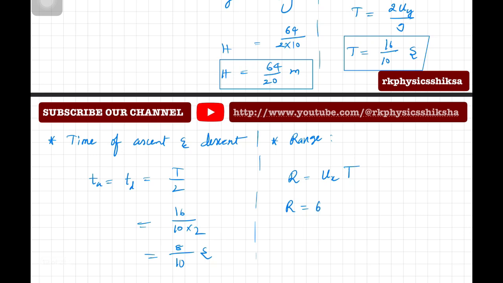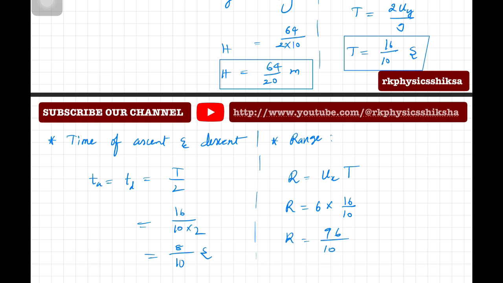So with ux as 6 and time of flight 16 by 10, which is the total time, I'll get R is equal to 96 divided by 10, you can write it as. If you want, you can cancel it also or keep it like that, no problem. So this will be the answer.